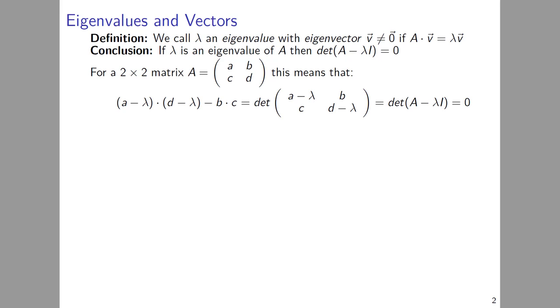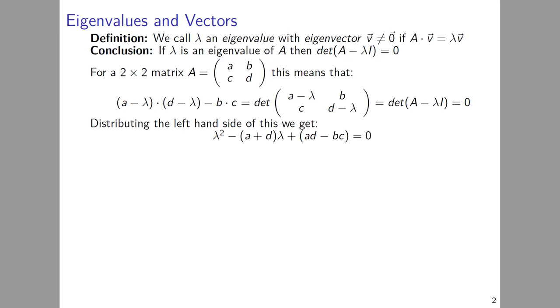So we have a minus lambda times d minus lambda minus b times c equals 0. And distributing the left-hand side, we'll get lambda squared minus a plus d times lambda plus ad minus bc is equal to 0. This gives us a quadratic equation that we can solve to find the eigenvalues lambda.